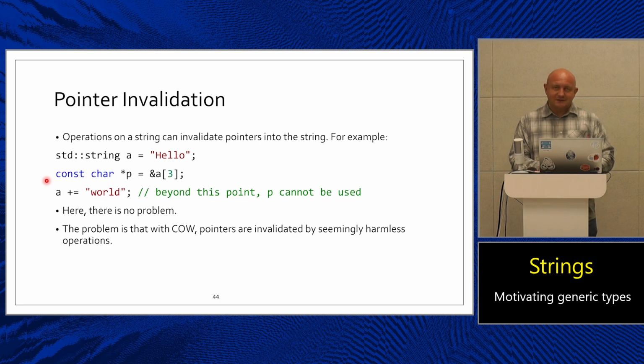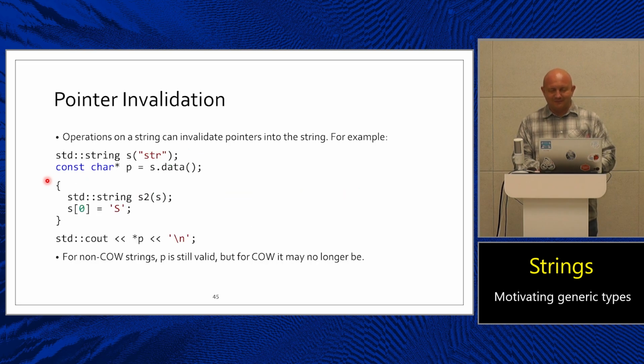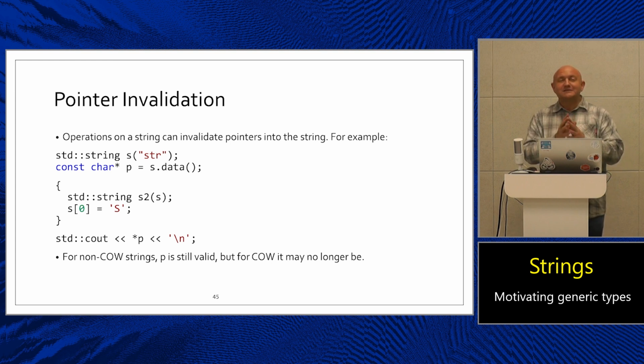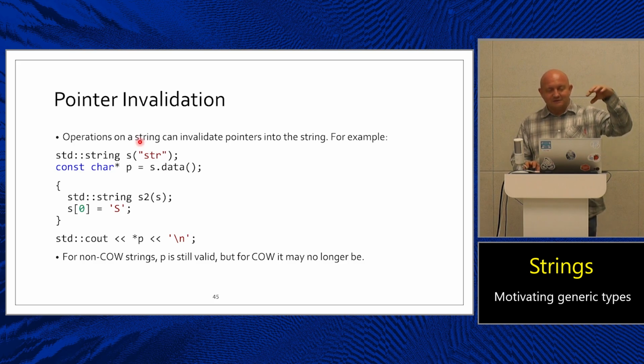The problem is that COW string pointers are invalidated by seemingly harmless operations. Admit it, you don't expect memory allocation for a string when you just write a different character to one position. But it shares the buffer. We do have this string S and some buffer for it. We have a pointer inside this buffer.